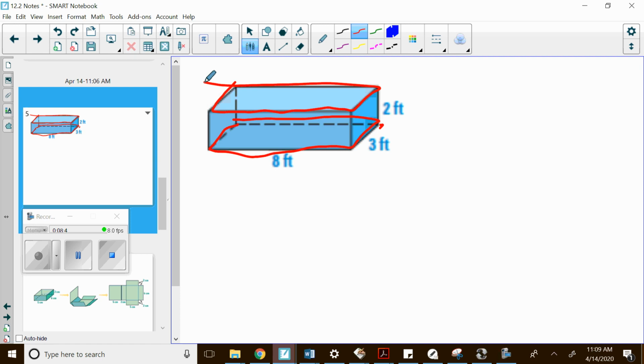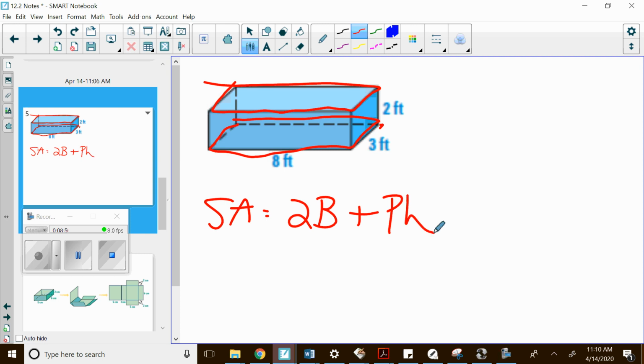So the surface area of this thing is going to be, like we talked about, 2B plus PH. First, B, the area of one base, is just 8 times 3. Area of a rectangle is 8 times 3, which is 24. That's what's going to go in there.